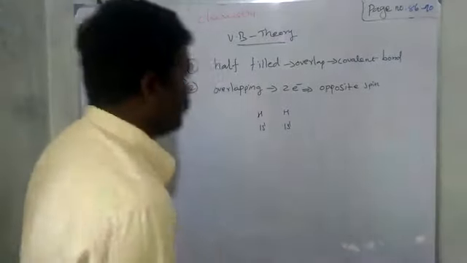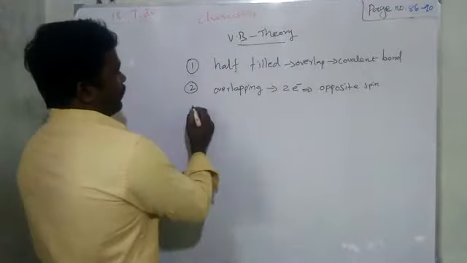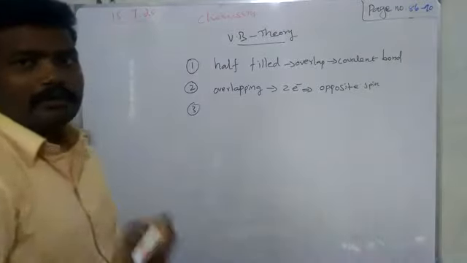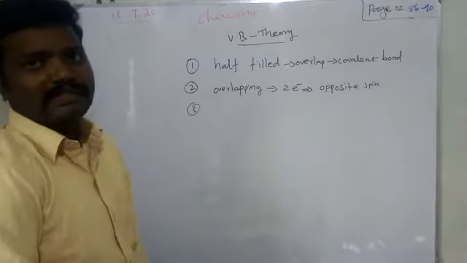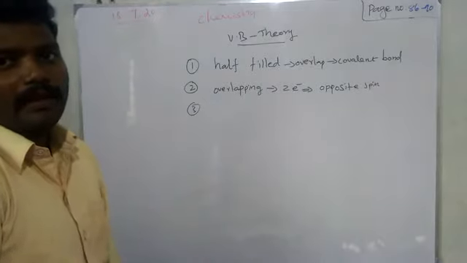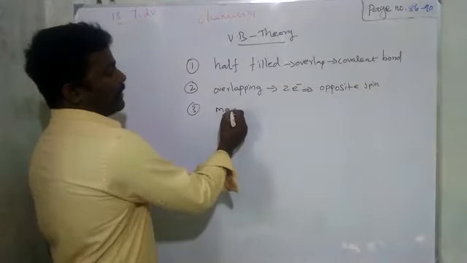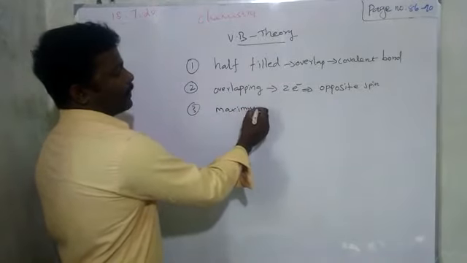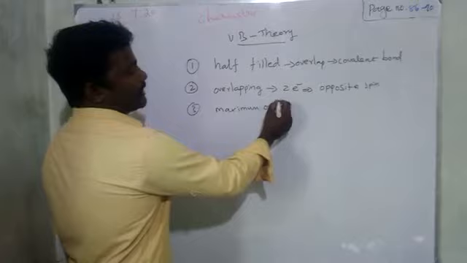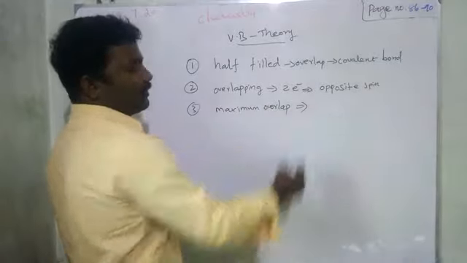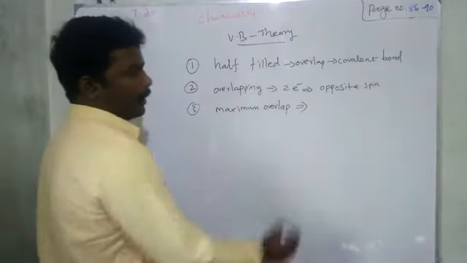Okay. Then, the strength of the covalent bond depends upon the extent of overlap. So maximum overlap leads to the strong covalent bond.